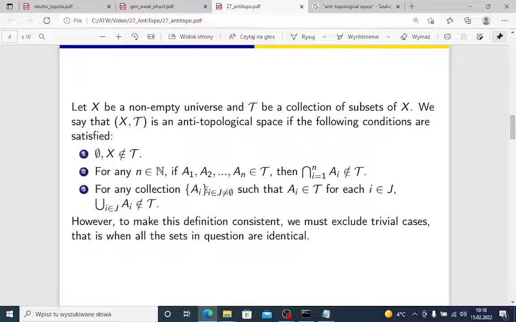Of course, the intersection of a set with itself gives the same set, and the same with union.